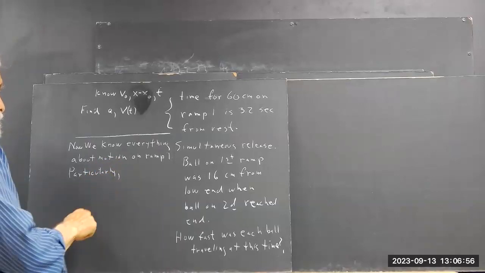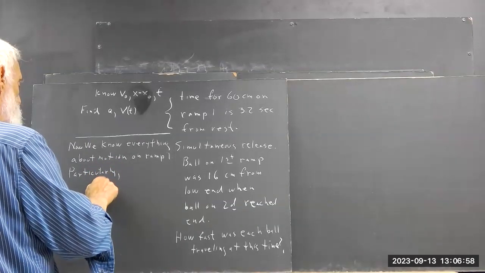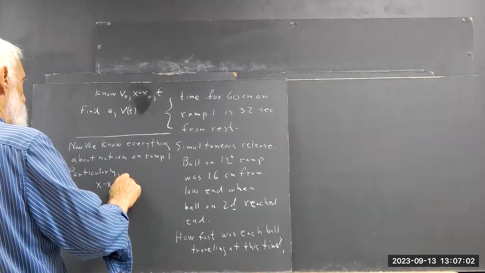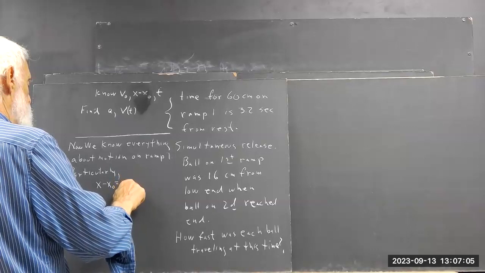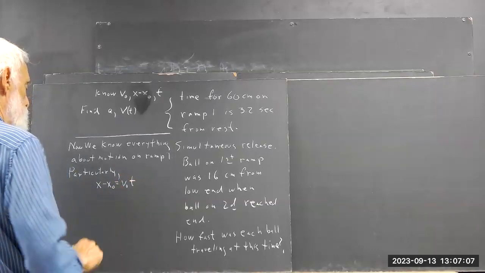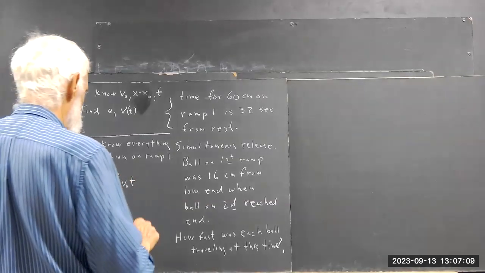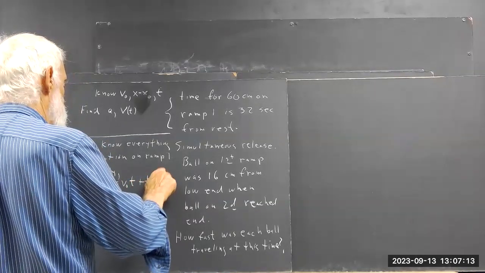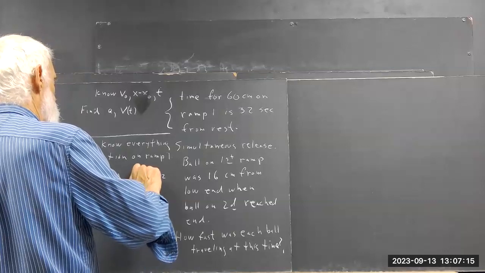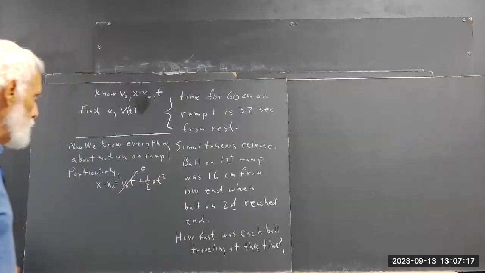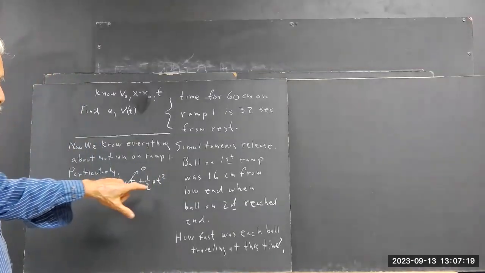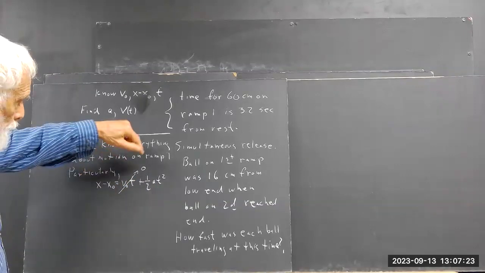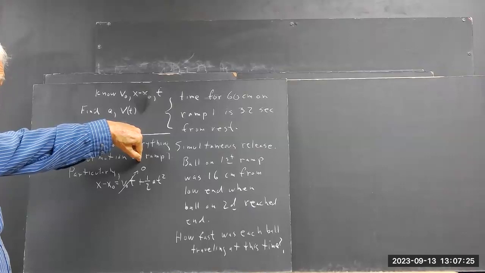Particularly, we know the equation of motion. We know x minus x naught equals v naught t plus 1/2 at squared, but of course, v naught is 0, so I just draw this little arrow saying that that's 0.